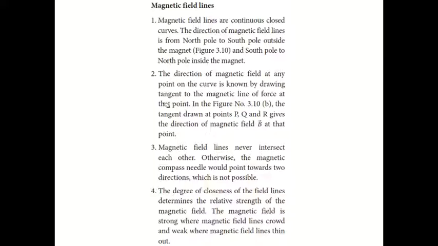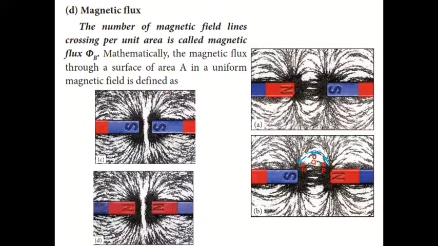The degree of closeness of the field lines determines the relative strength of the magnetic field. If the field lines are very close, then you will have more strength.